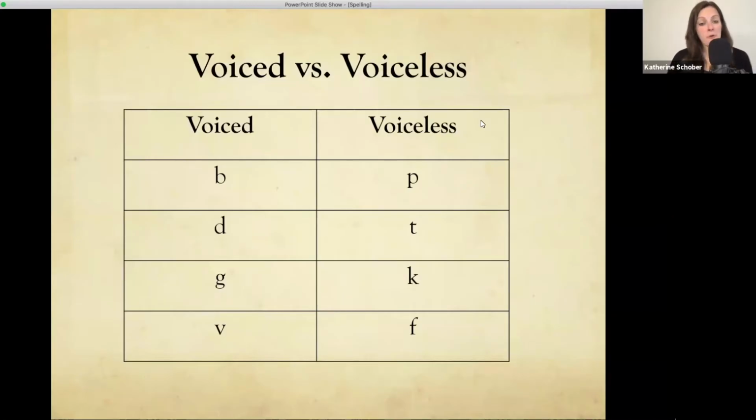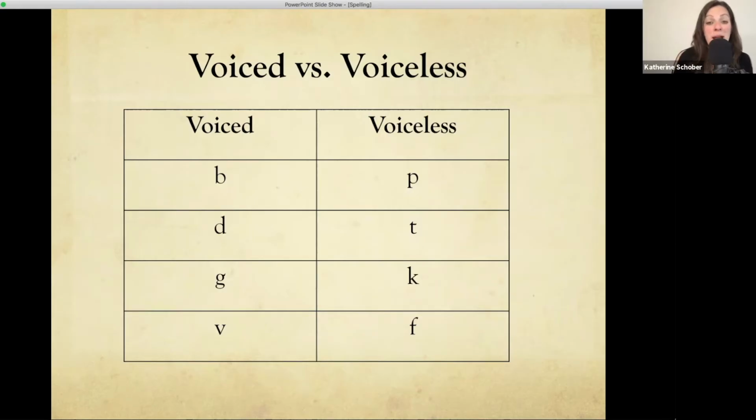So these four letter pairs are the most commonly switched letters in German. Even today, when students, young children, are learning to write, they will often confuse one of these sounds for the other. And that is because B and P, for example, are made at the exact same part of our mouth as each other.